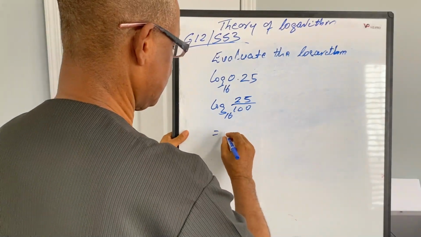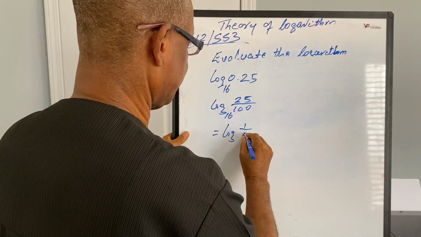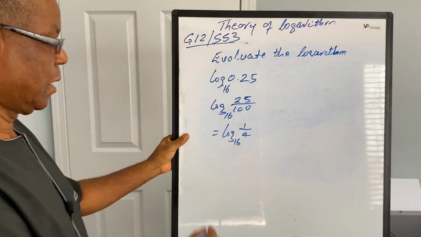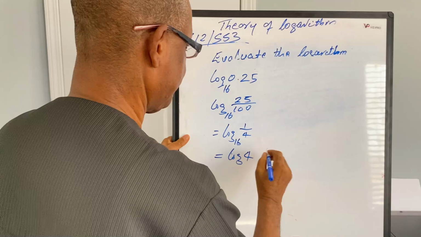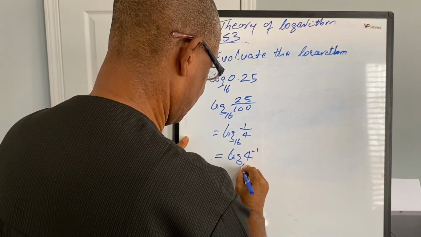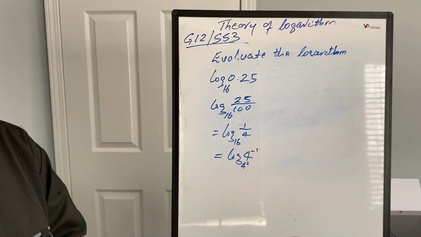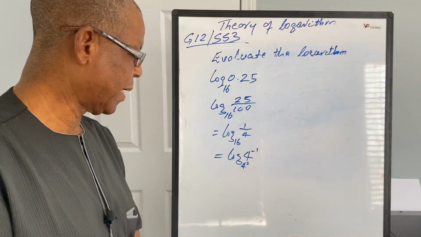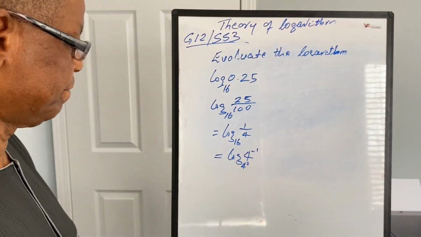This gives us log 1 over 4 base 16, and that will give us log 4 raised to the power minus 1 base 4 raised to the power 2, since 4 raised to the power 2 is 16.